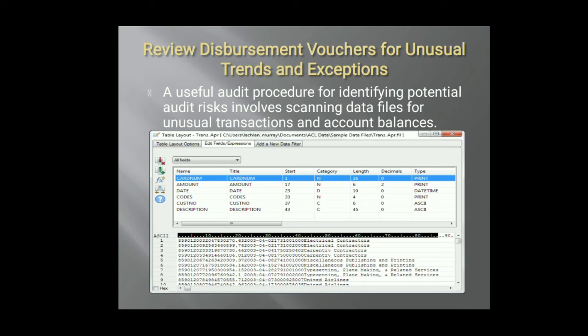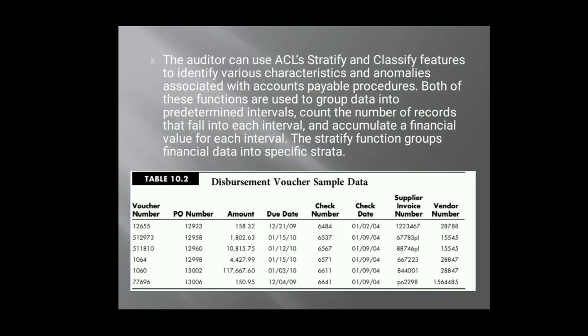Figure 10.9 was also mentioned in file preparation procedures. It shows here the verified data. Next, the auditor can use ACL's stratify and classify features to identify various characteristics and anomalies associated with accounts payable procedures.